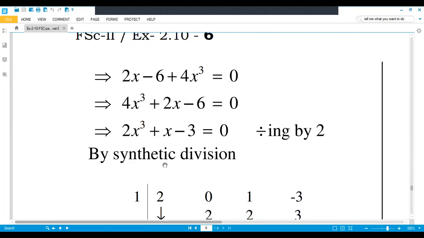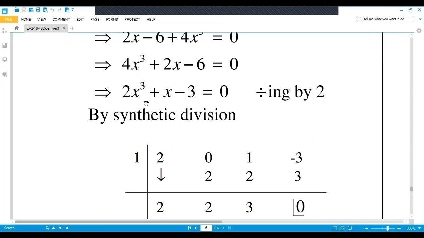Now by synthetic division. This is x cube, so when we factorize, if it is a square we use the quadratic formula or the PQ method. Now it's a cube, so to factorize it we use synthetic division. For the x cube coefficient we write 2, the power. x square is not present here, so we put 0, and the x coefficient is 1 and the constant is minus 3.